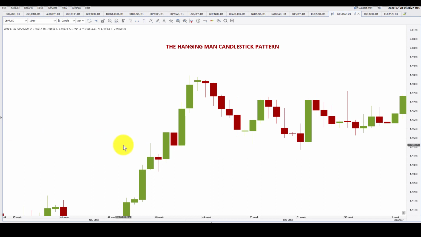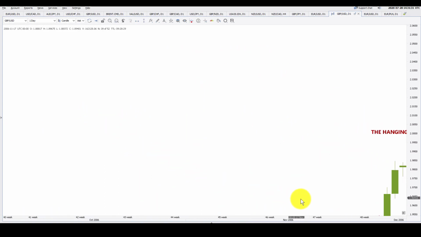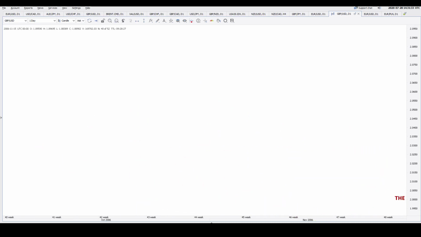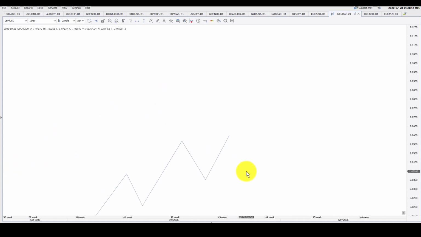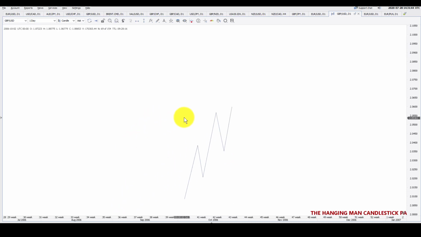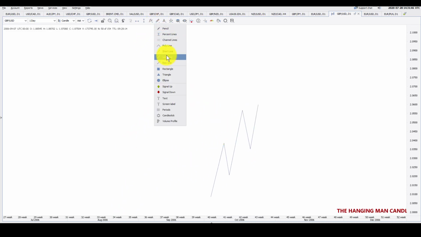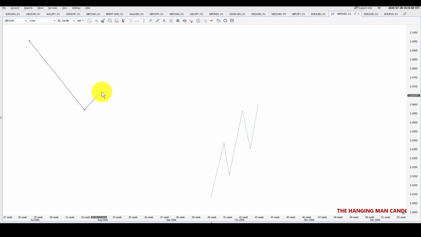Okay friends, to start with, let us revise something about the hanging man candlestick pattern. Until now we have seen that this is a pattern that forms after a small advance. Now this advance can be a straight advance, or it can be an advance within a downtrend.